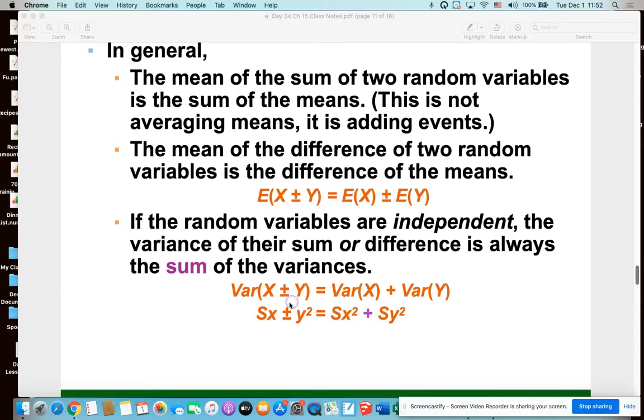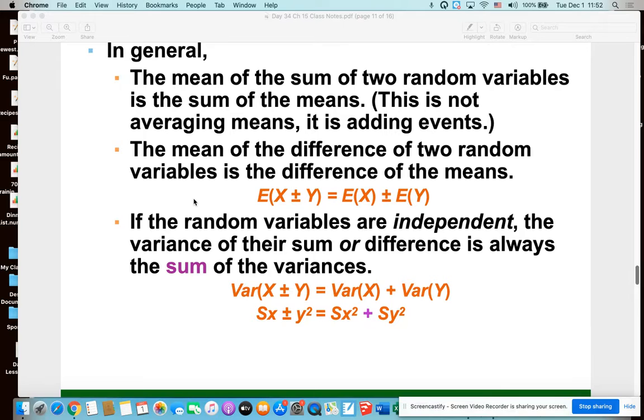And the weird part, which we need to talk about, is what if you're subtracting in your thing? Like, let's say I had a big thing of Skittles or M&Ms or something, and I have two of them. So I'm going to add them together, but then after I add them together, I'm going to take a big handful out and scoop it out, right? So you're subtracting something from a total.